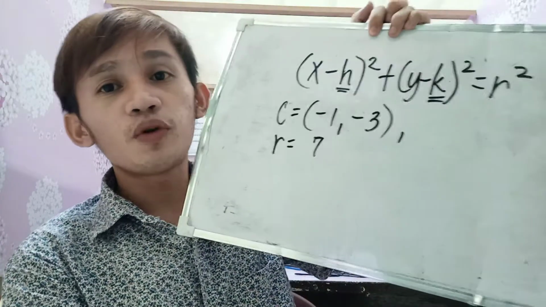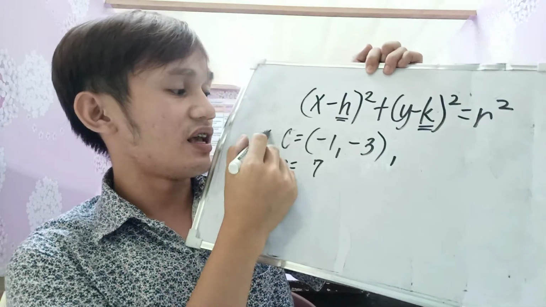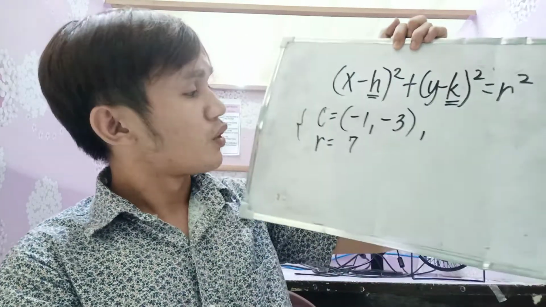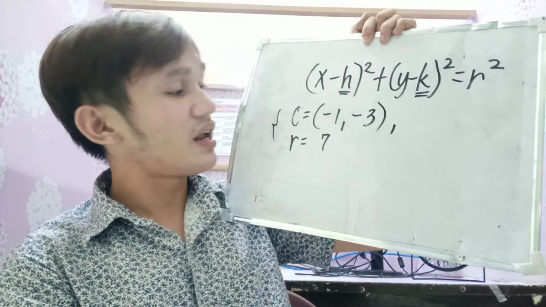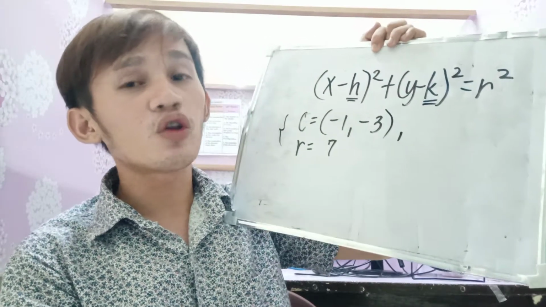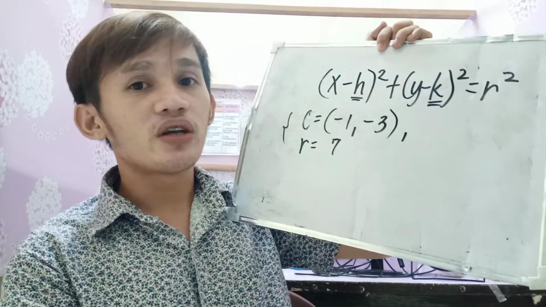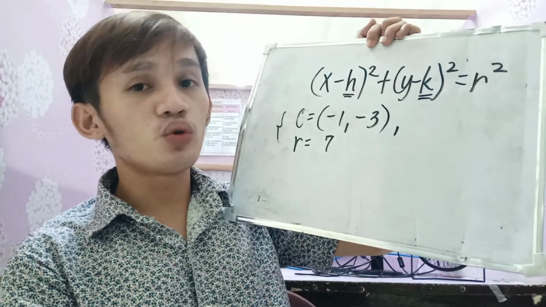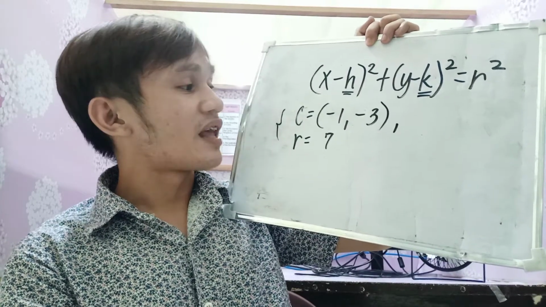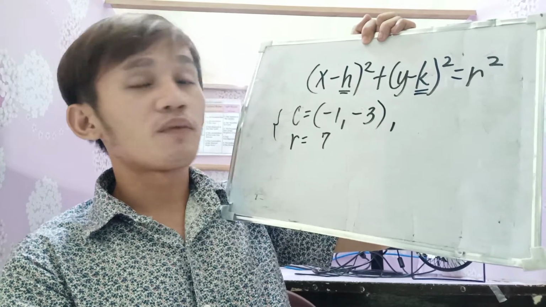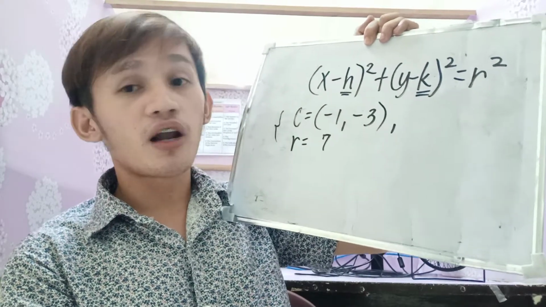Suppose that you were asked to write this in standard equation whose center is (−1, −3) and the radius is 7. So how are you going to do that? Same process. You are just going to substitute the given center to the formula and then your given r.